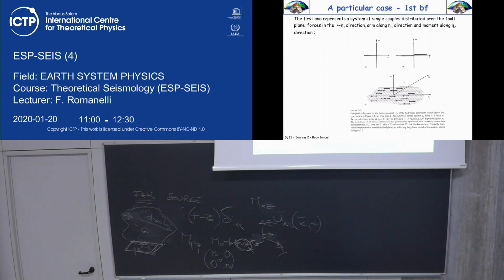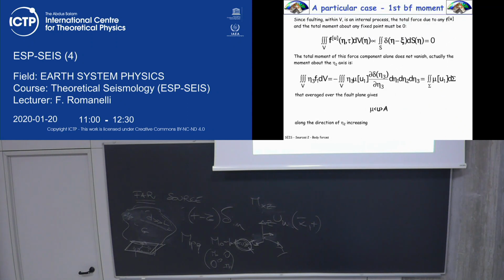Question. What if we compute the total resultant and the total moment of this set of equivalent forces? Well, with some algebra, you can compute the integral over the volume of this force here. You can demonstrate that it is proportional to this, and it is 0. Well, of course. We started from something whose total resultant is 0.